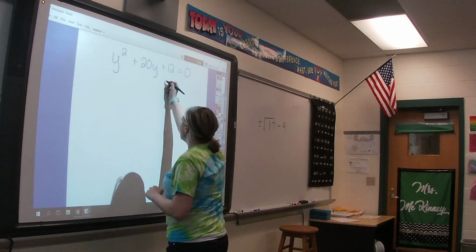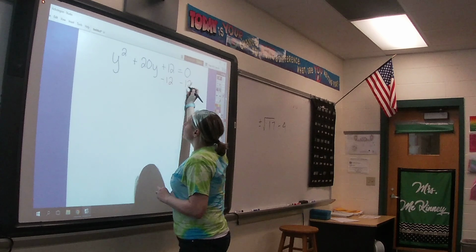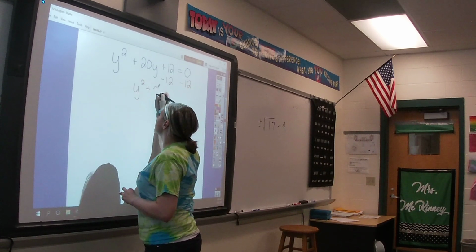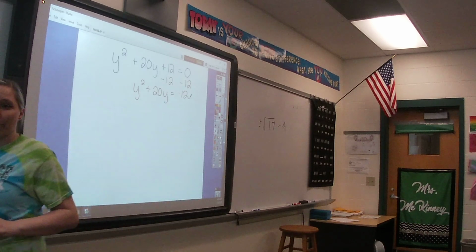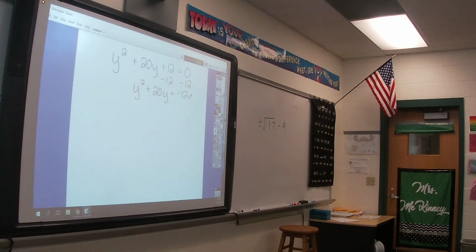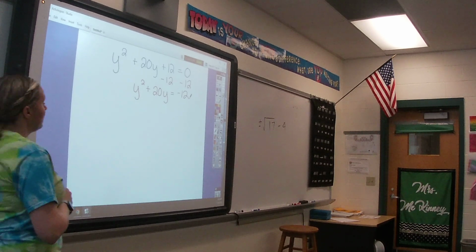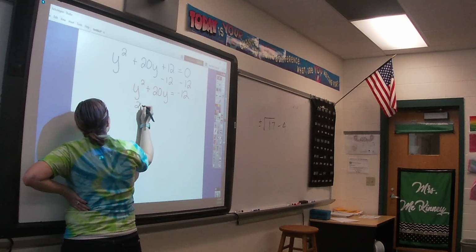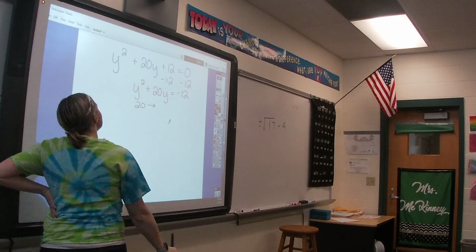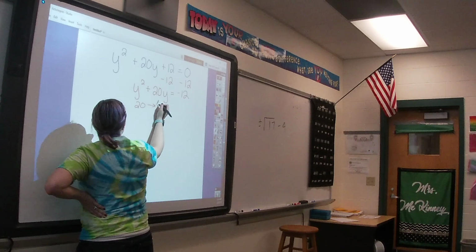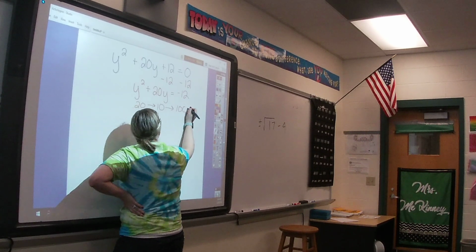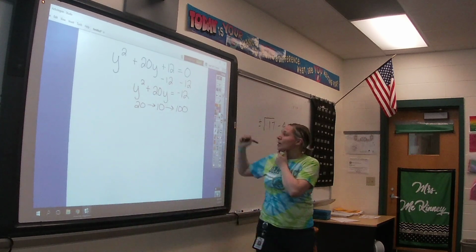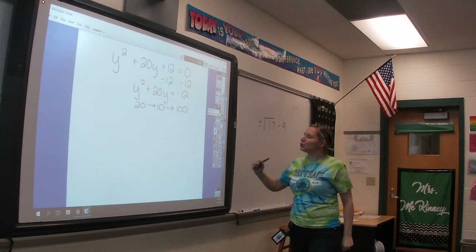Subtract the 12. Okay, so now we're in the correct form. What does b equal? 20. So what's half of 20? 10. What is 10 squared? 100. What are we going to do with that 100? Add it to each side.